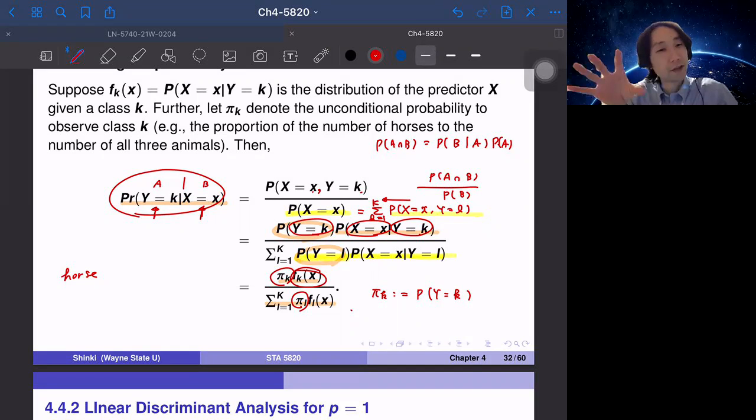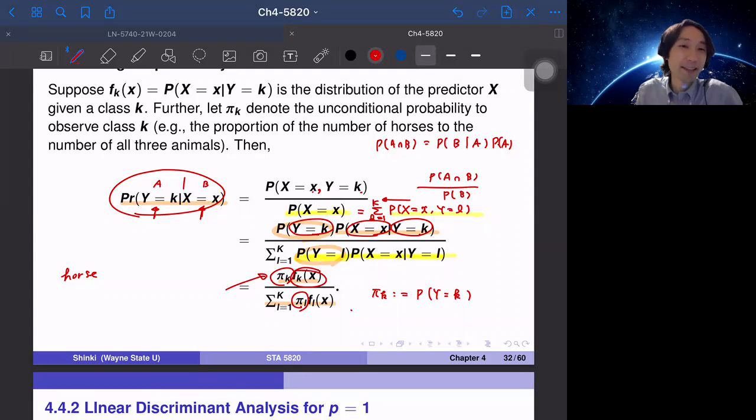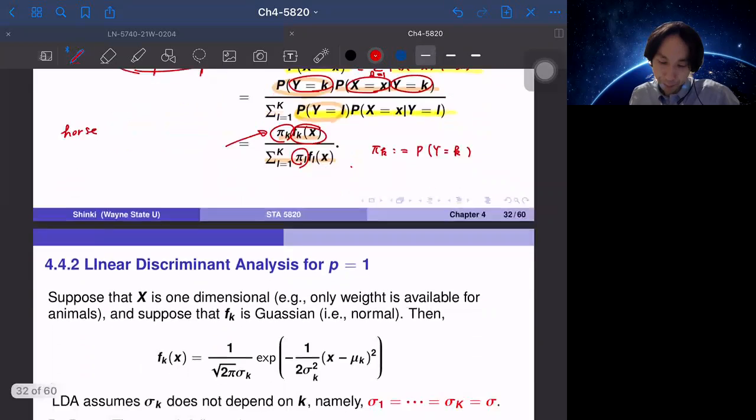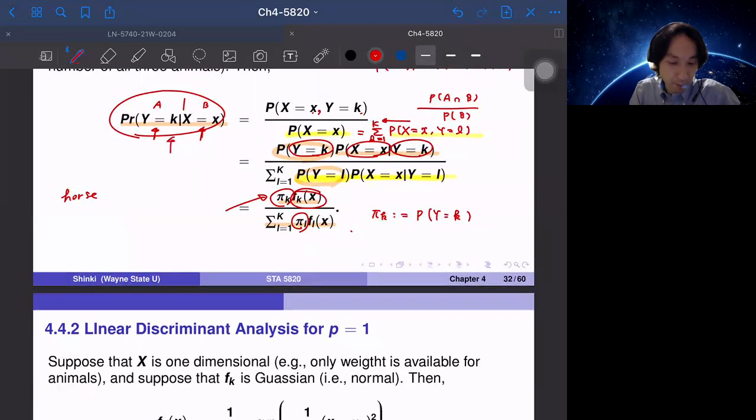Even if people are not sure whether this guy is Korean or Japanese, since Madison has many Koreans and very few Japanese, it's more likely that this guy is Korean. From the Bayes theorem perspective, pi sub-Korean is larger than pi sub-Japanese. So the prior probability pi k matters for the posterior probability.